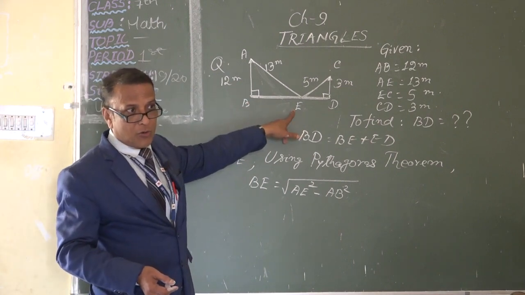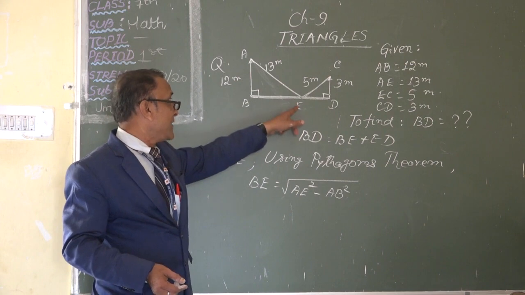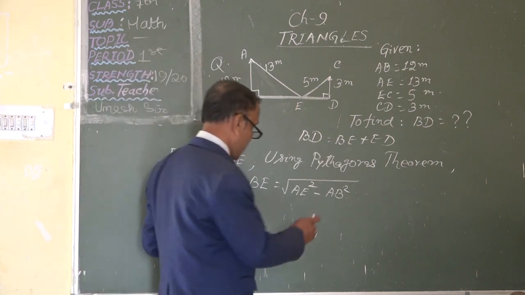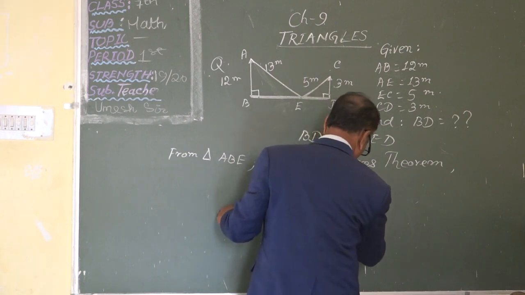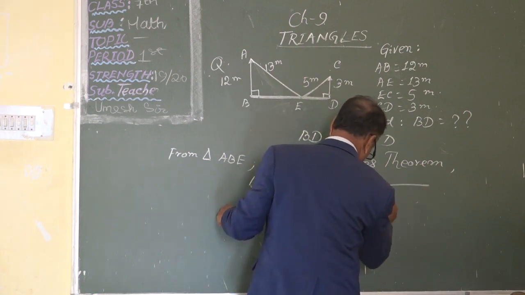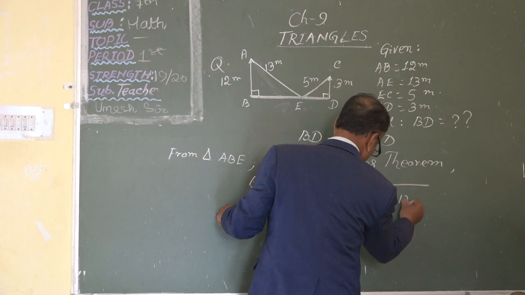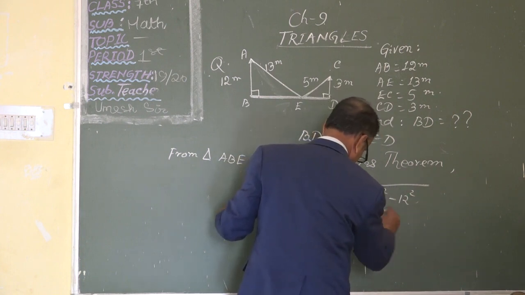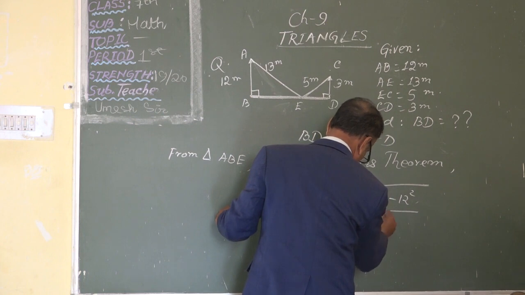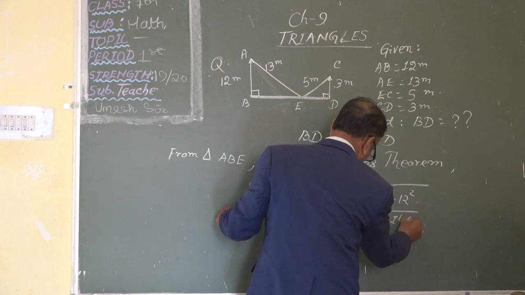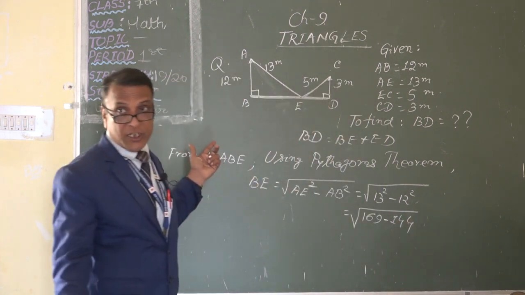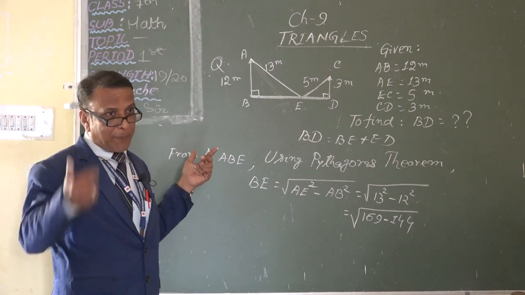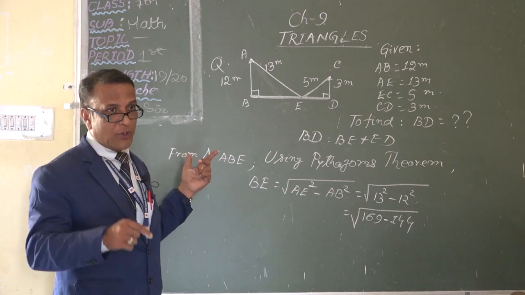So BE is equal to square root of AE square minus AB square. But AE is given how much? So this is equal to root over 13 square minus 12 square. Now 13 square is how much? I have already said, keep all the square terms in your mind, up to 25.